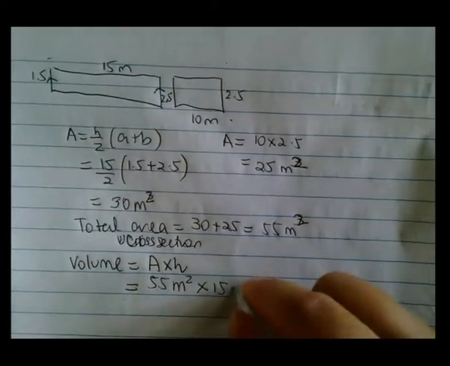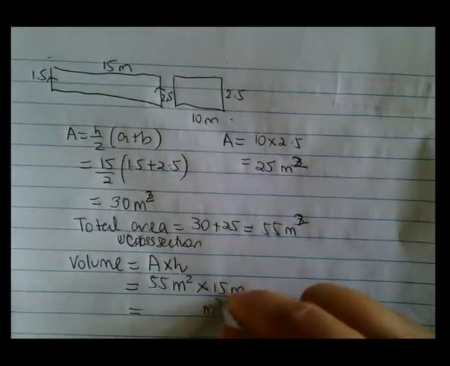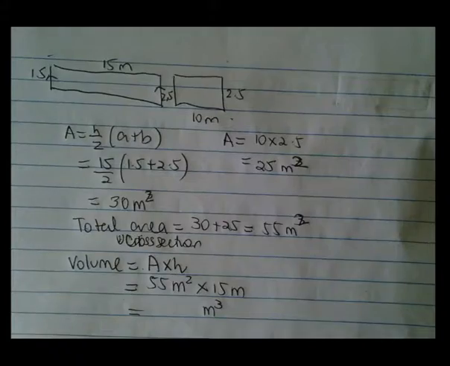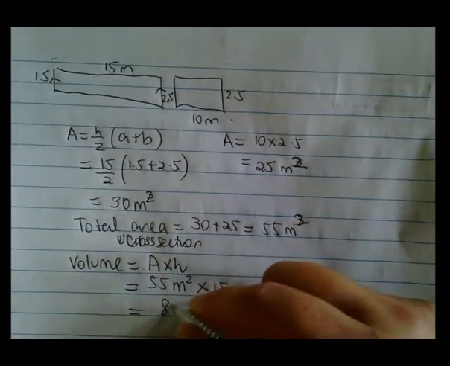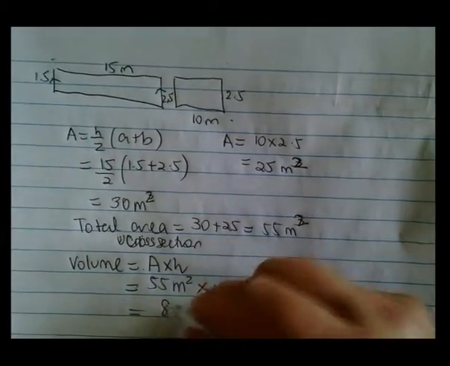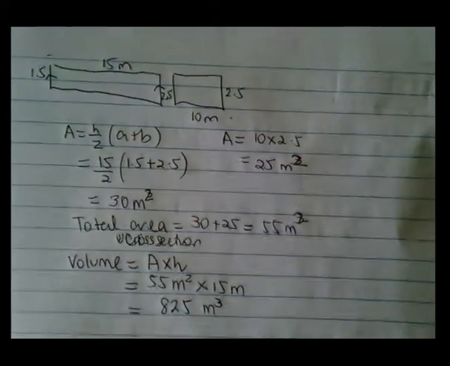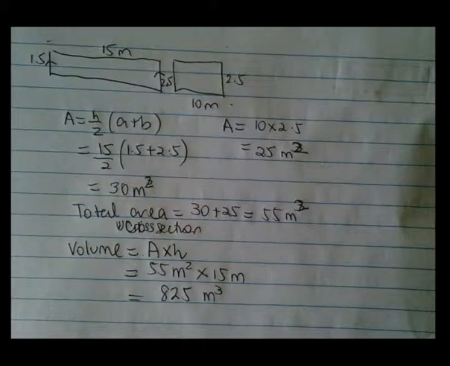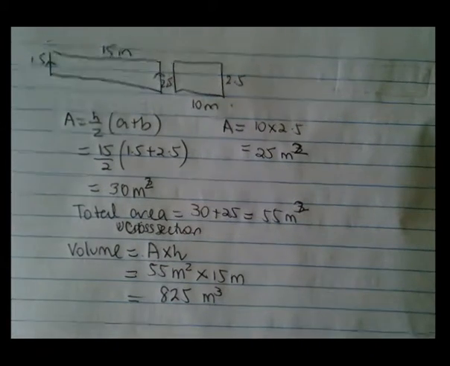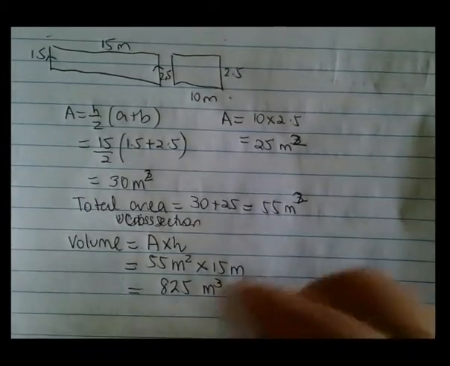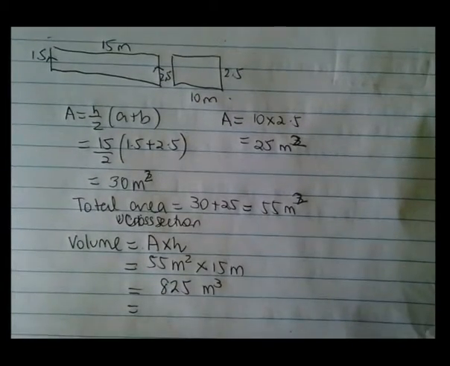So times 15 meters, we're going to end up with meters cubed. So what's 55 times 15? 825. Yep, 825 meters cubed. Now look, even though we are finding the capacity, they do use the word volume sometimes. So which conversion do you think you want to use? You're not going to convert that now to centimeters cubed.